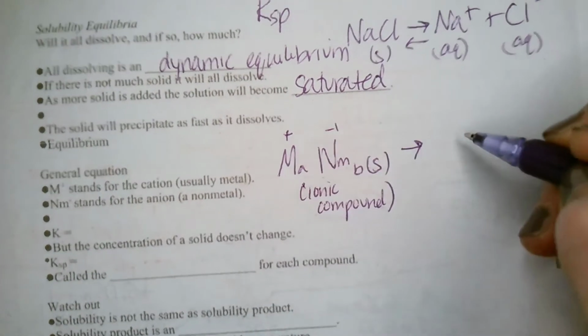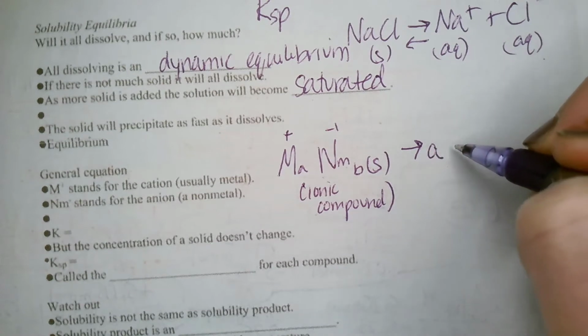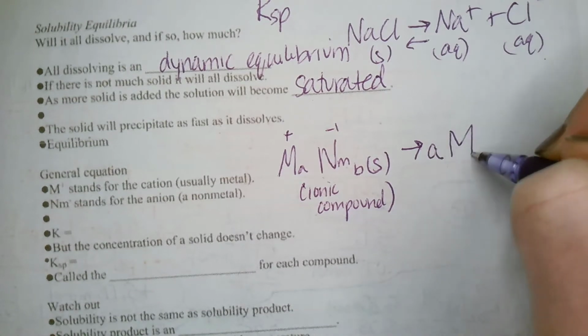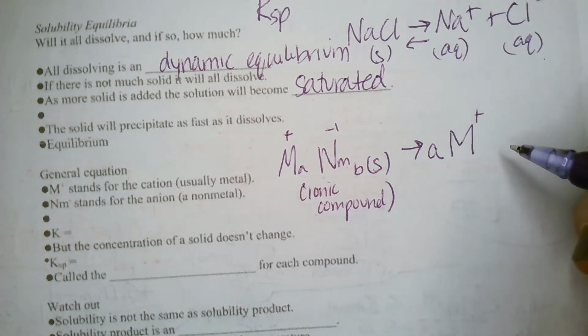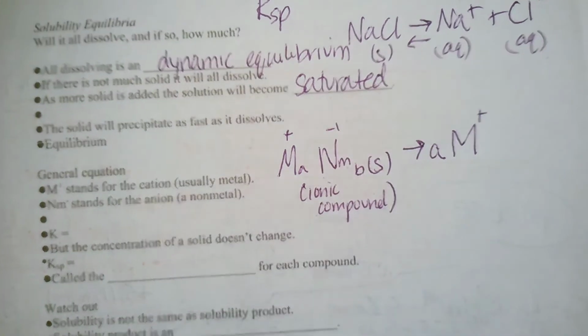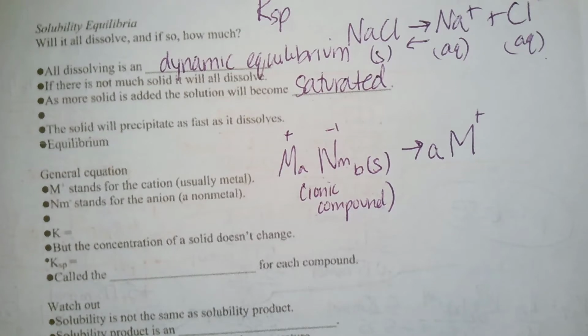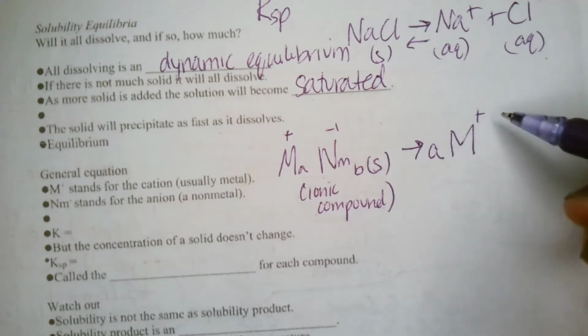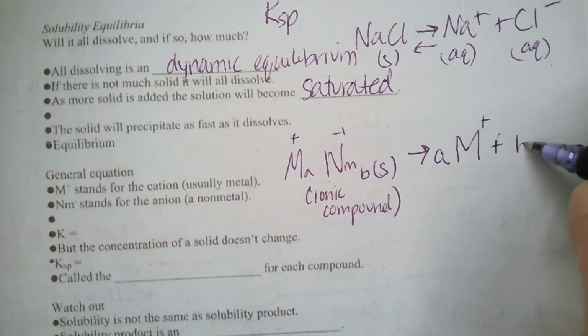So here's what we get. We then have the number of metal A, that's the number of metal ions that would dissociate. We'll just put a positive charge there because we are assuming that it's a +1 charge, plus the subscript that was on the non-metal becomes its coefficient, and it will become the negative ion.